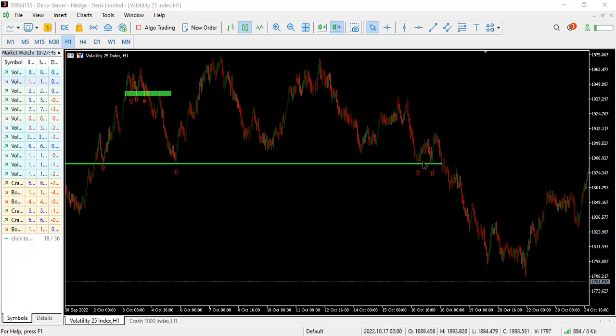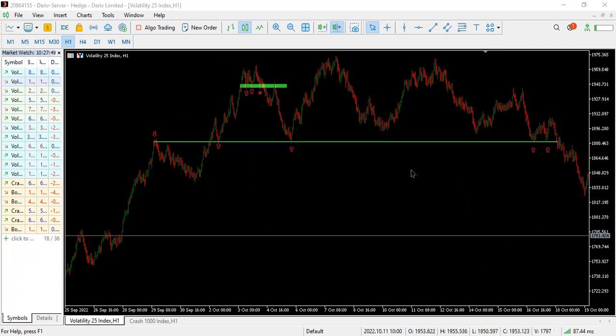So now, for me personally, I was not going to buy here. The only important touches or times to buy are here and here. That's where the price is strong. By looking at what happened here, you can see that the market was very strong when it was going up.